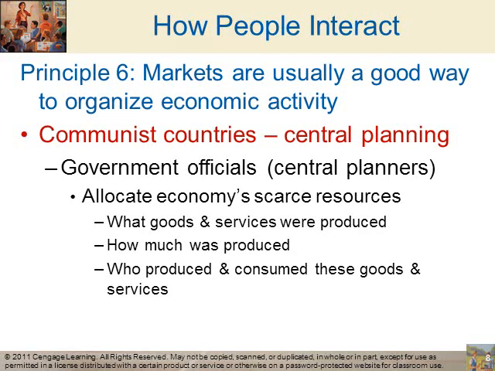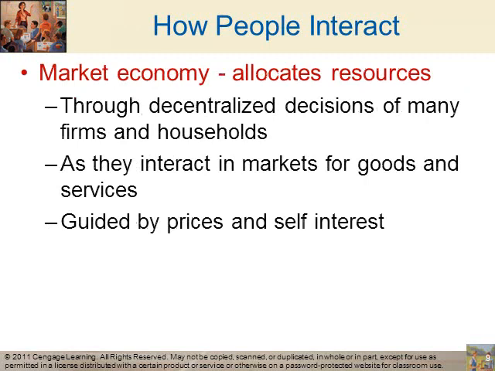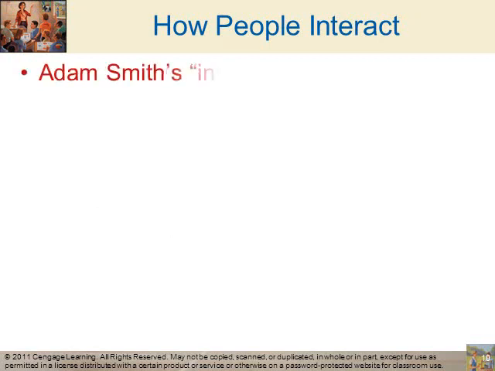The next concept is the concept of markets that we have here in Western countries. The idea is that markets are the best way to allocate resources. A market economy is basically a way to allocate.